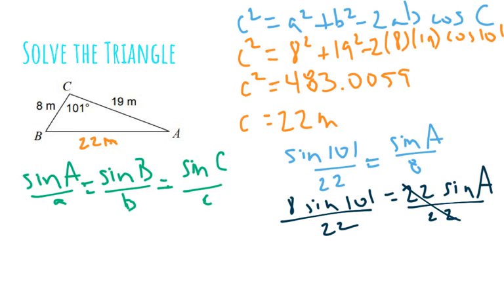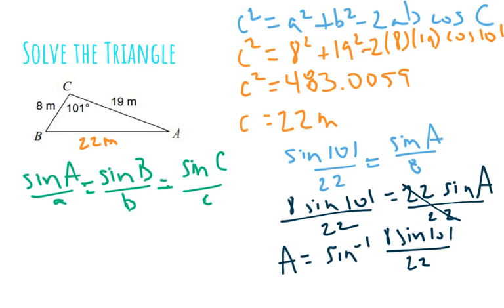I'm running out a little bit of room on this screen, so I'm going to shorten this up a little bit. So ultimately, to get A all by itself, I'm going to take the inverse. I'm technically taking the sine inverse of both sides, and a function times its inverse is 1, so that's how we're canceling that out. So I know that A equals the sine inverse of 8 times the sine of 101 over 22.